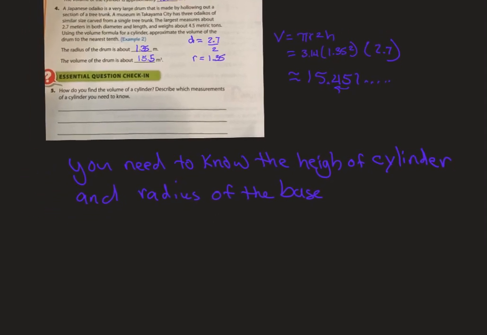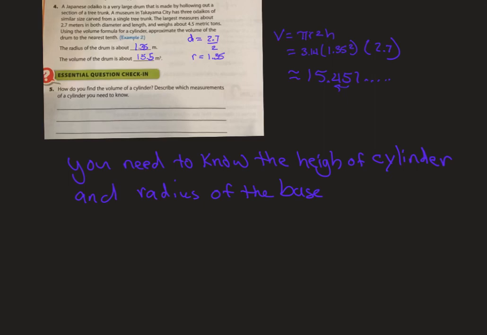Then you use the formula, volume equals pi r squared times height.